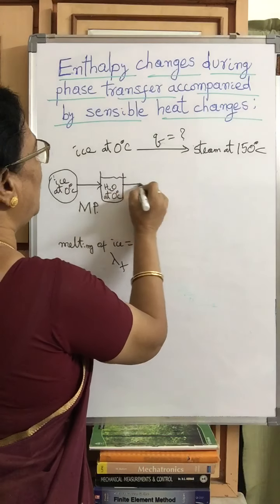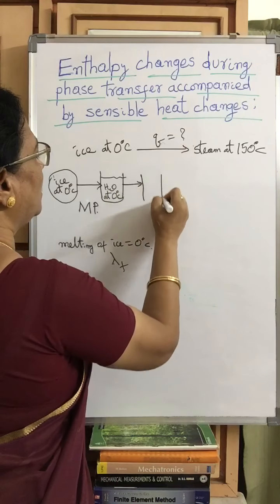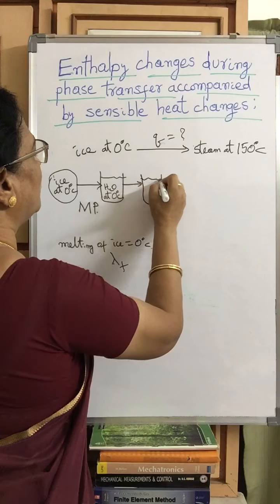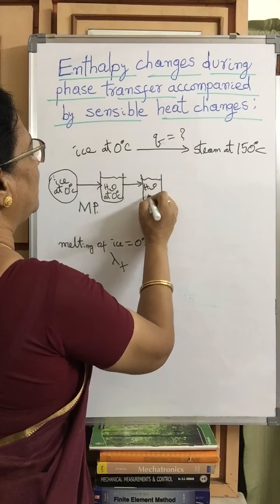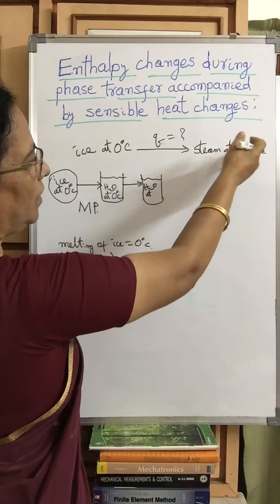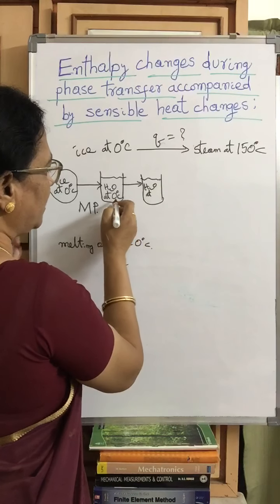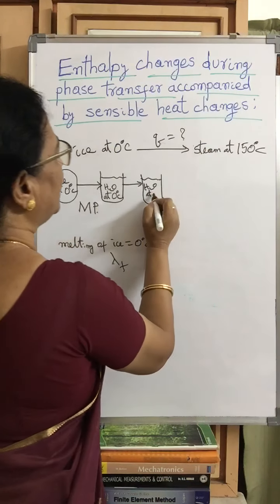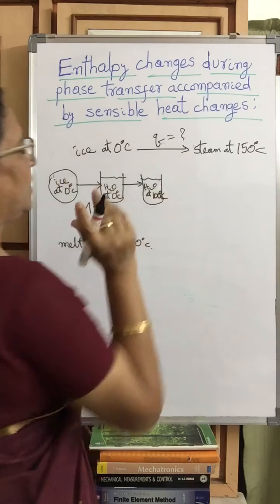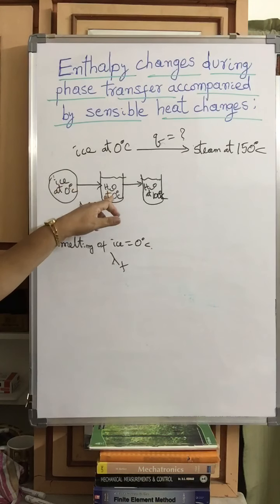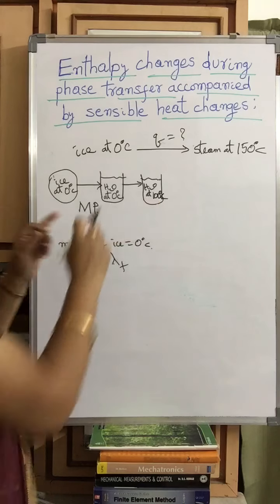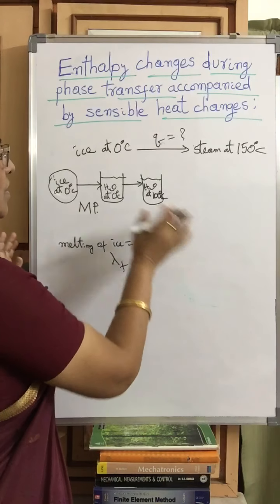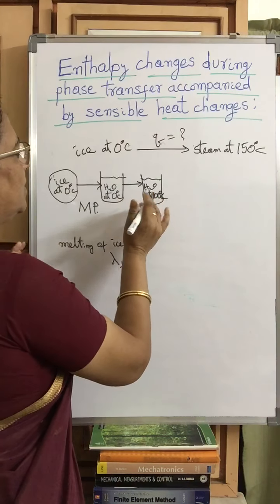Now this water at 0 is to be converted to steam. That means from 0 degrees till 100 degrees centigrade it can exist in liquid form. No phase change, but temperature is changing here.